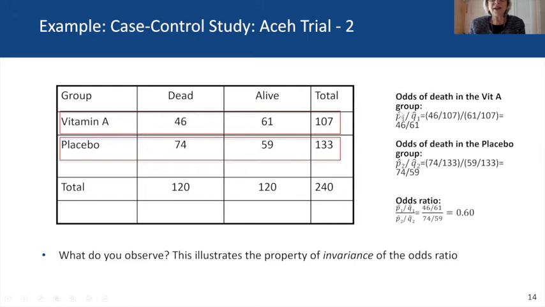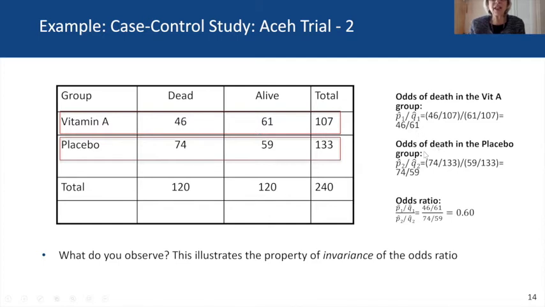So the odds of death in the vitamin A group are now looking at the proportion who died in the vitamin A group, and that is 46 over 107, divided by the proportion who remained alive, 61 divided by 107. This reduces to 46 divided by 61.